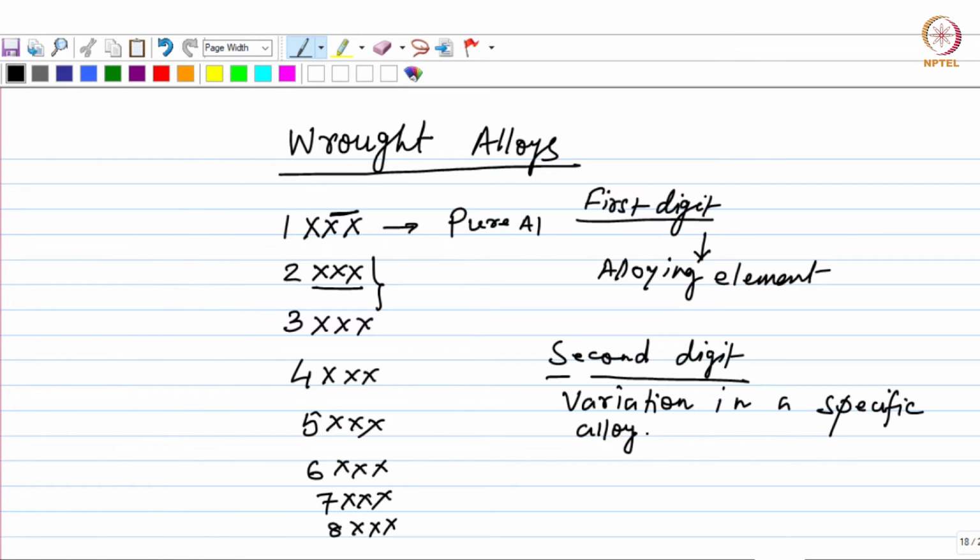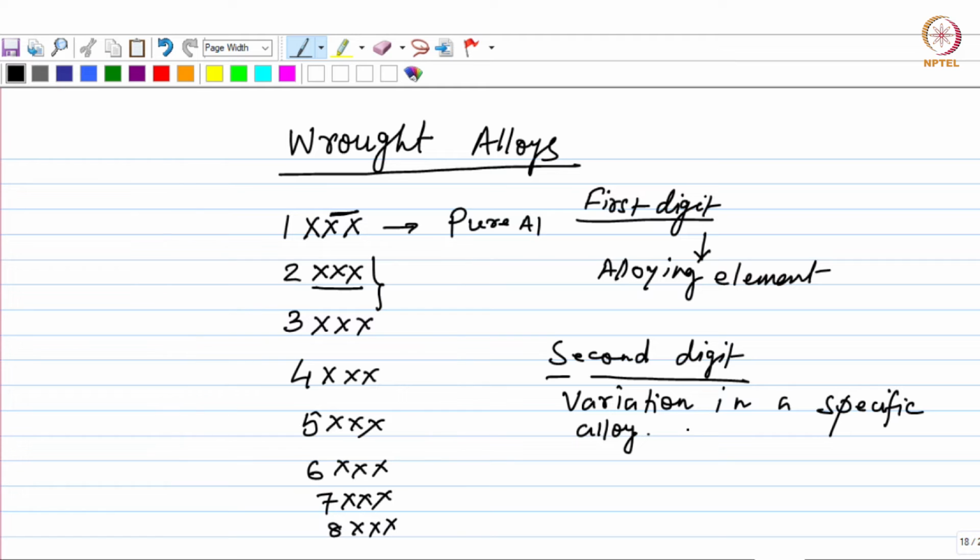Because what happens in many cases, a tight control on the composition or the impurity level is required for particular applications needing certain properties, and to achieve those properties a tight control on the impurity has to be done.